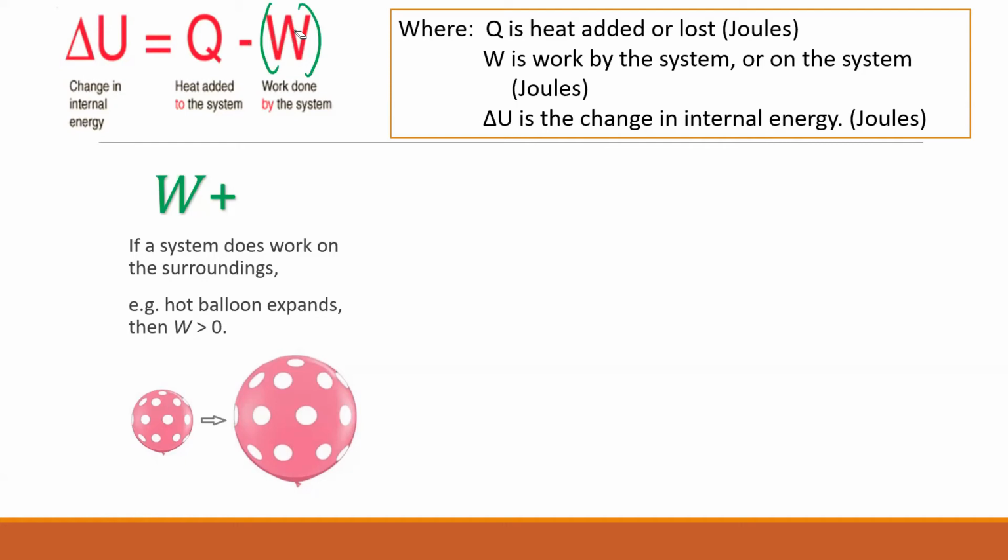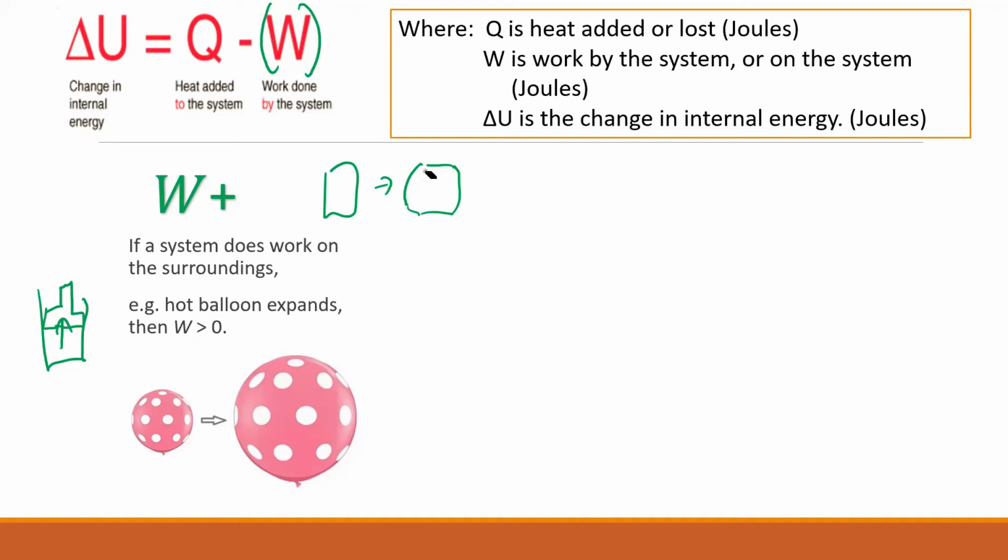So, for example, when a balloon expands, then it's doing work on its surroundings. If you've got a piston in a car engine and that's pushing that piston upwards, that's doing work. If you've got a can of beans and then it gets expanded out, then that is it doing work on its surroundings.